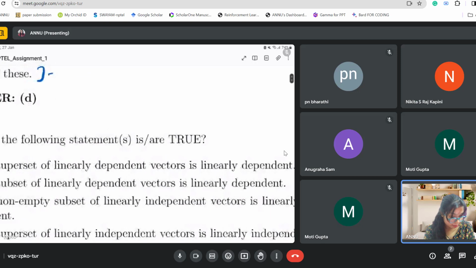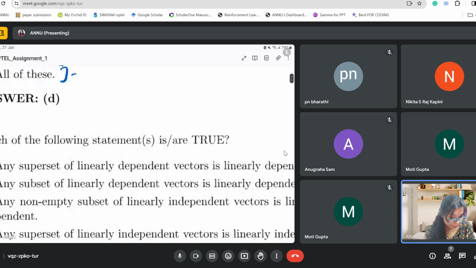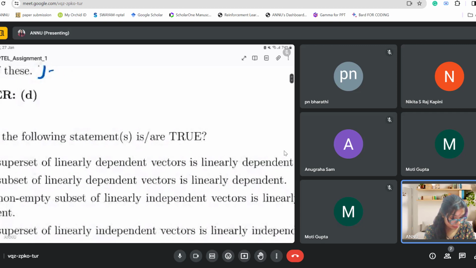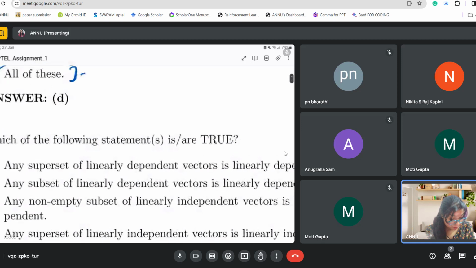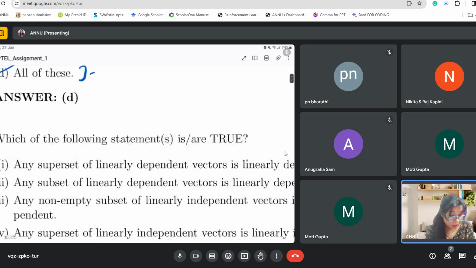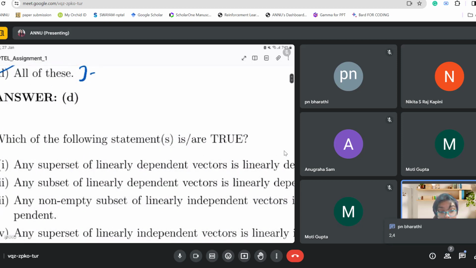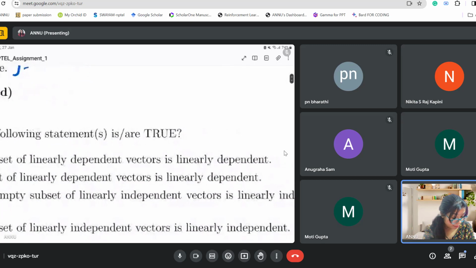What is a superset? Superset means adding any vector. Any subset of linearly dependent vectors is linearly dependent. Which of the following statements is or are true? It means 2 or 3 options may be correct. Any subset of the linearly dependent vectors is linearly dependent. Any superset of the linearly dependent vectors is linearly independent.